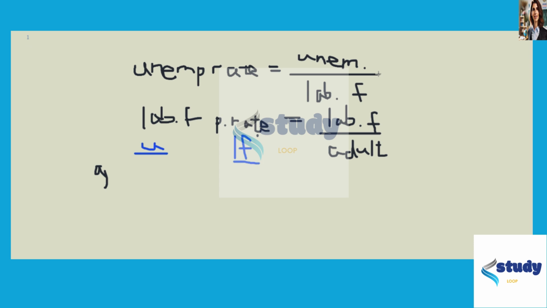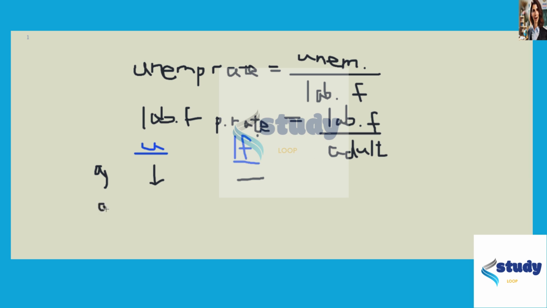Because John used to be unemployed, but now he has a job. The numerator decreases while the denominator stays the same, so the unemployment rate goes down. What about the labor force participation rate? It stays the same because the labor force doesn't change and the total number of adults doesn't change.